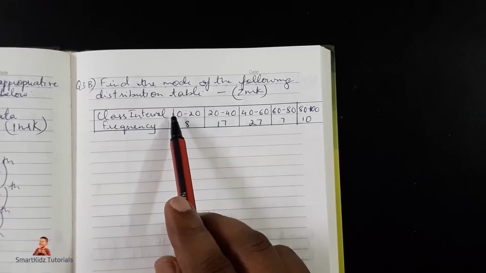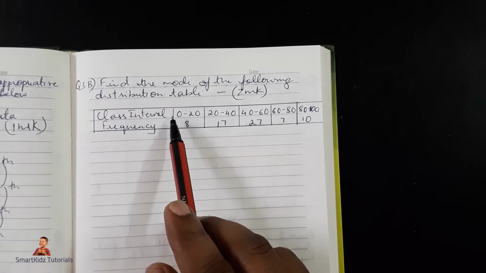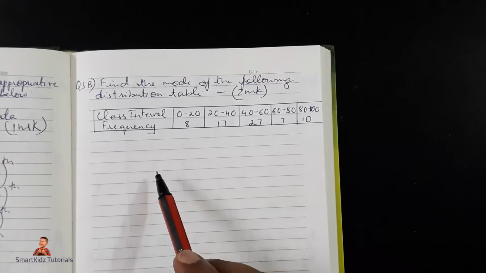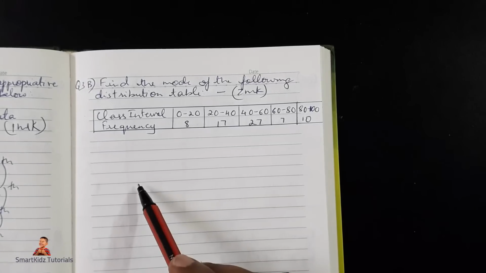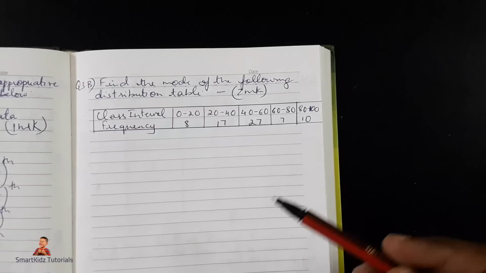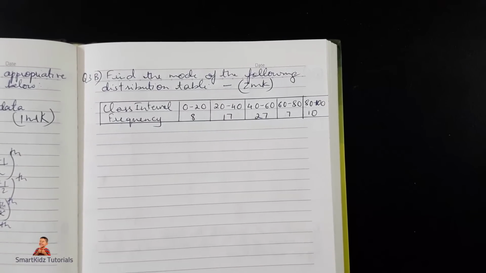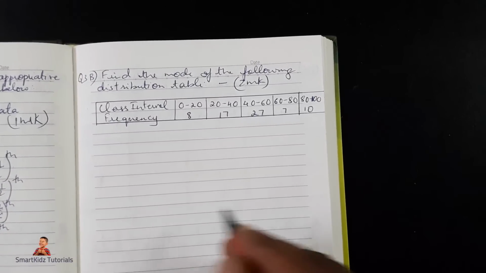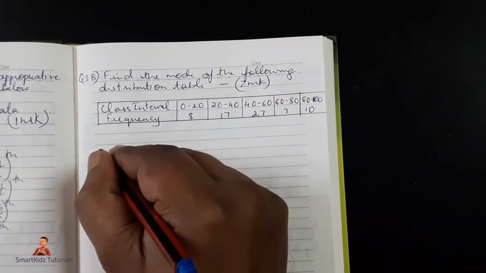So to find the mode of the following distribution table, we also need to know the formula. So I'll write down the formula first. Based on the formula, we will know what all we need to find in order to complete that formula. So the formula to find mode is given this way.